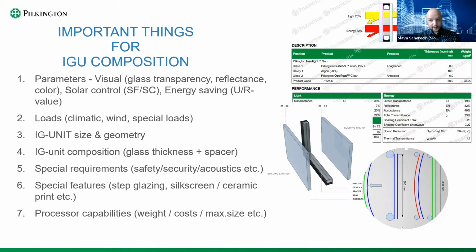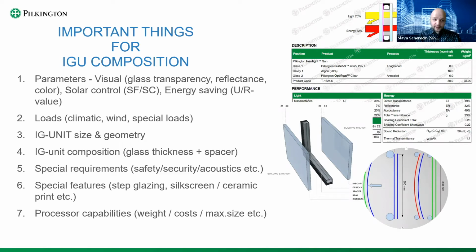Sometimes it's really a hard one. And then, of course, size and geometry affect how your building will look in real life, and not at the design stage, not on the computer render. We'll also see the difference in the future.